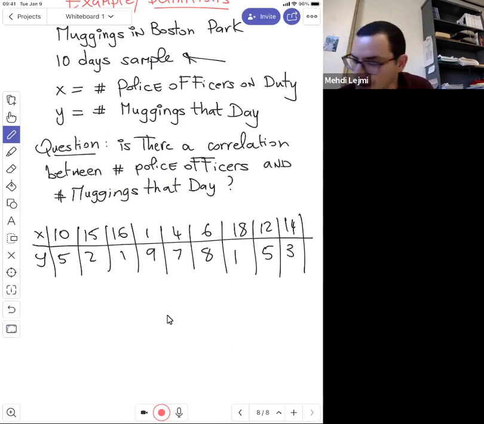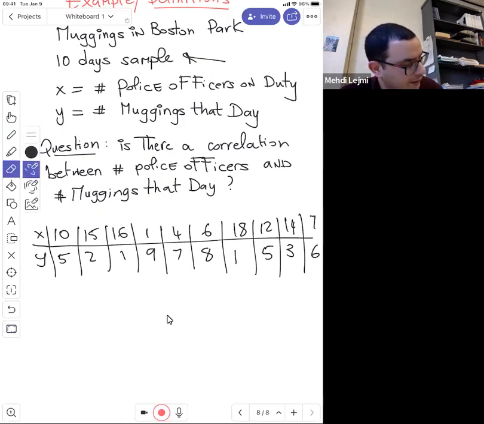And then last day, we have 10 days as a sample, right? So 1, 2, 3, 4, 5, 6, 7, 8, 9, 10. The 10th day, we have 7 police officers on duty and 6 muggings that day. This is 14, of course.